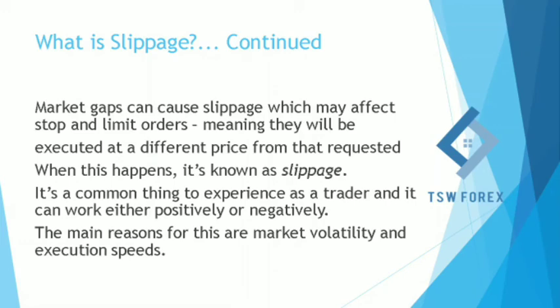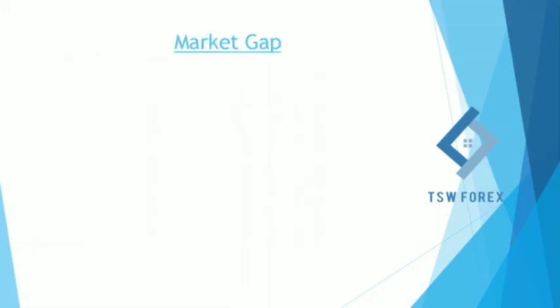Remember, volatility has to do with how fast the price moves. If it's moving very fast and the broker executes that trade slowly, by the time the price is supposed to reach a different point, it's going to use the closest price to the one that you placed your trade at. So that is what slippage is.